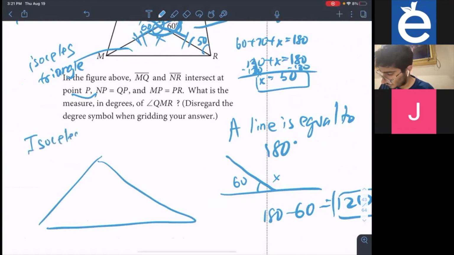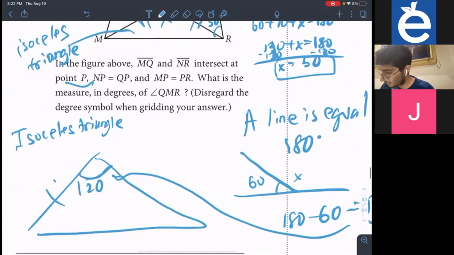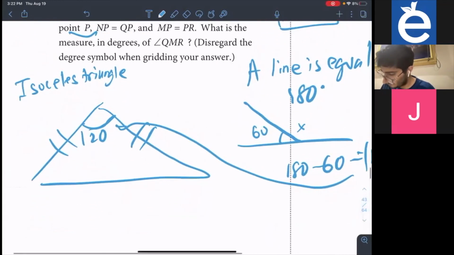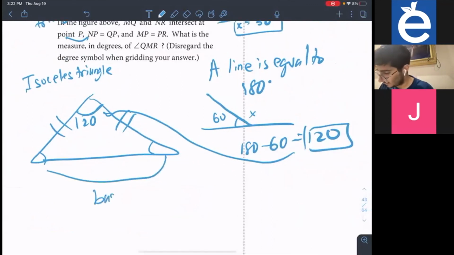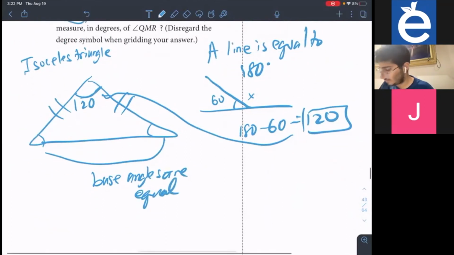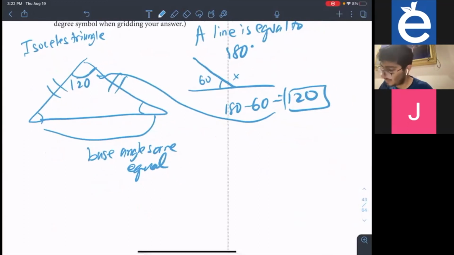It's the isosceles triangle. So we know this was 120 from this calculation. And now since we know it's an isosceles triangle, both base angles have to be equal. So these are the base angles. Equal. So we know a triangle has 180 degrees, right? So it would be x plus 120 is equal to 180.